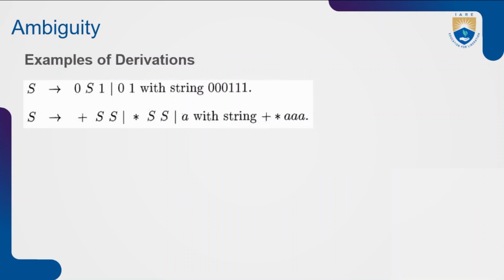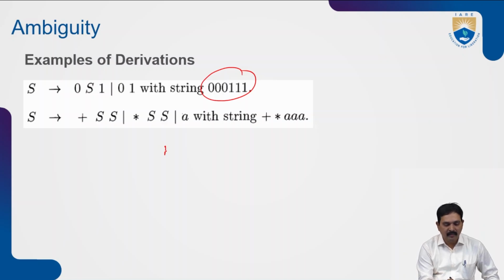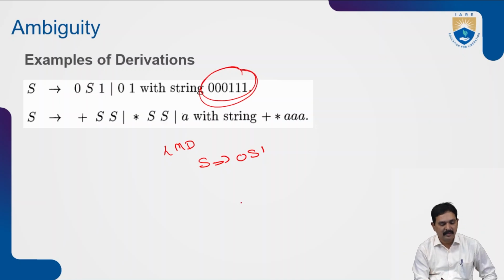Some examples are also given, examples of derivations for understanding leftmost and rightmost derivations for obtaining the same string. This is also left for you to solve, the leftmost derivations. For example, I am starting with S goes to 0S1. You want to obtain the string with 3 zeros and 3 ones.